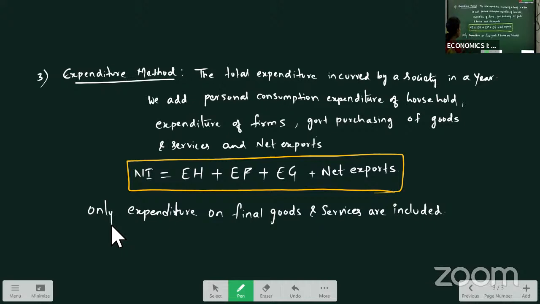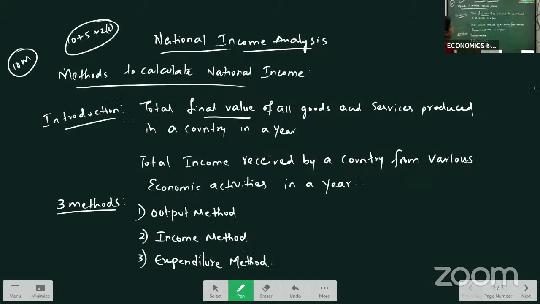So in this, we say we take only expenditure on final goods and services are included. Expenditure on intermediary goods or semi-finished goods are not included. Okay, so this is how we have the methods to calculate national income.